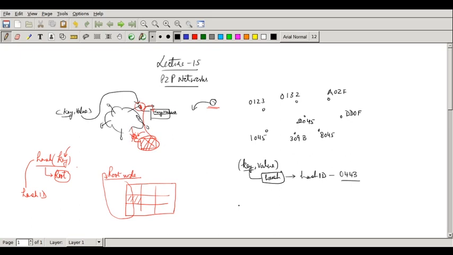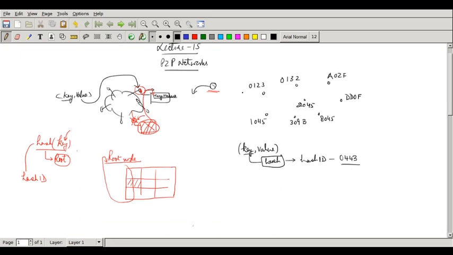With this hash ID, let me do the example. Currently the node list which we have: the only possible nodes which will match the first digit are those starting with 0. So this means only one of these two has to be there. Who is going to be there? Let's compare 0443 with my choices, 0123 and 0132.